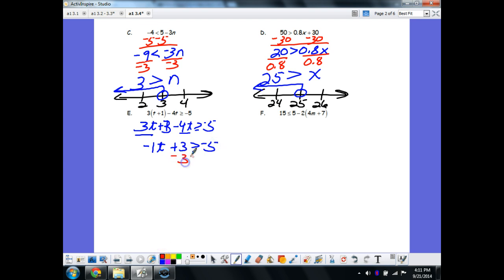Then we subtract the 3. We have negative 1t is greater than or equal to negative 8. Then we divide by negative 1, so we have to flip the inequality symbol because we're dividing both sides by a negative value. So t is less than or equal to 8.